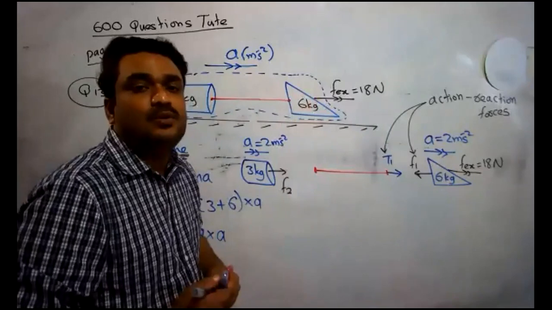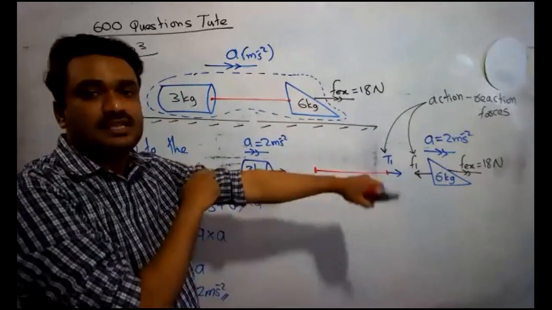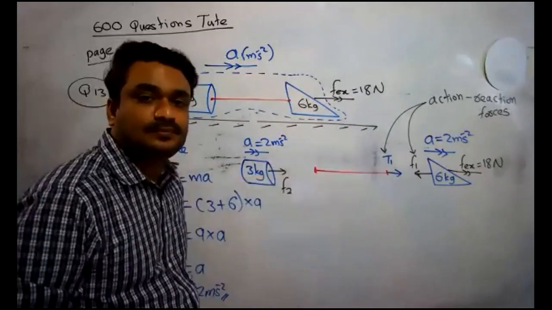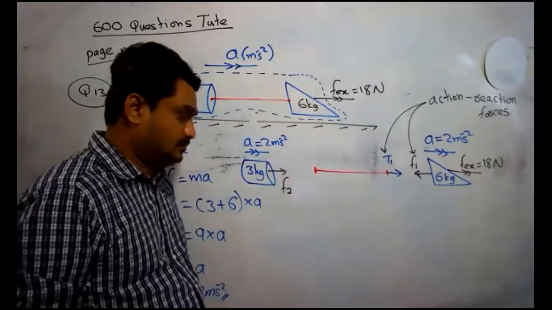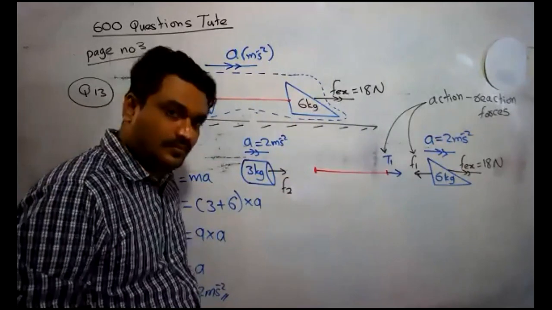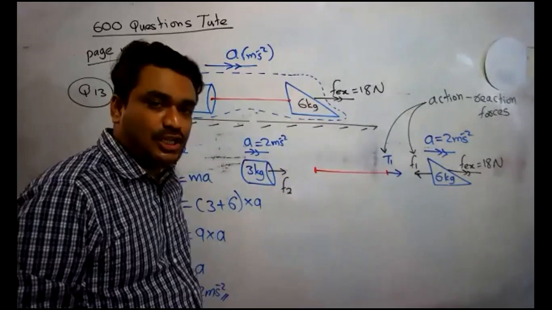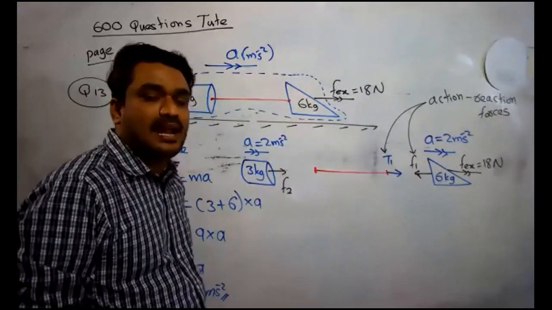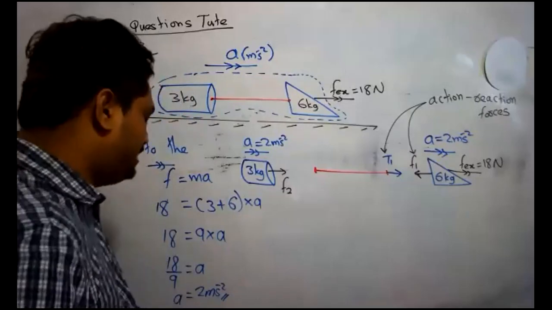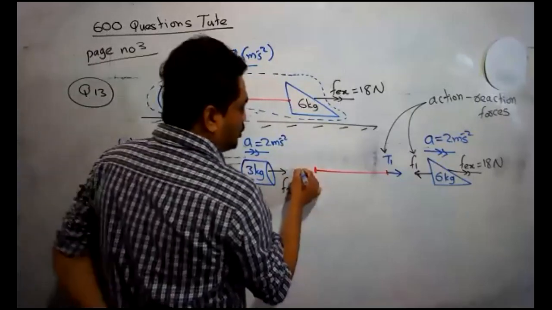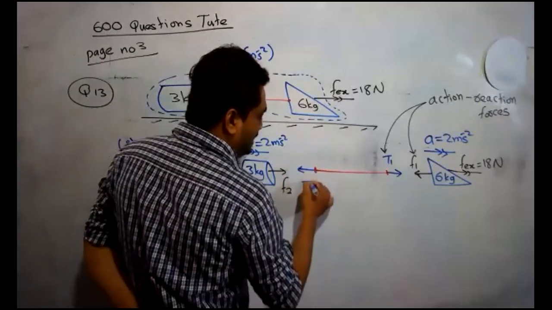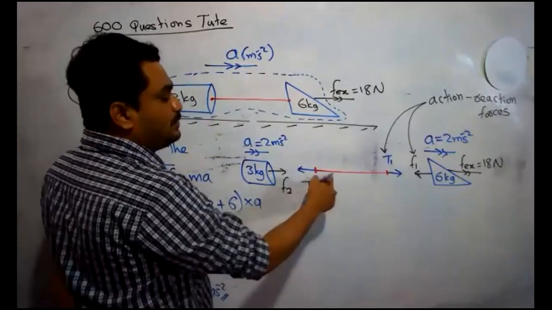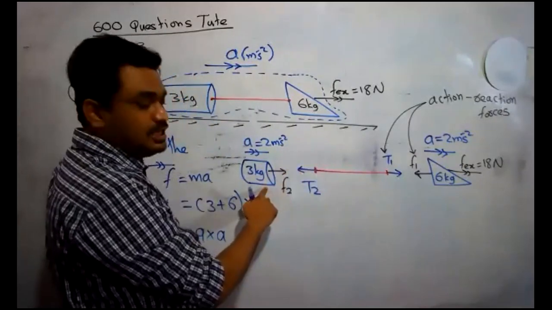Now tell me Newton's third law of motion. Every action has an equal and opposite reaction force. All the forces have an oppositely directed force. So let me mark this force as T2. F2 is given by the string to the object.